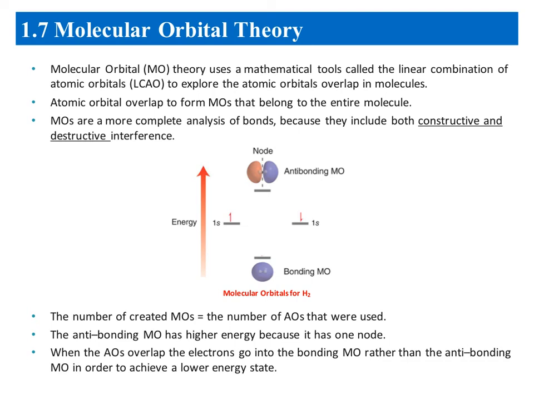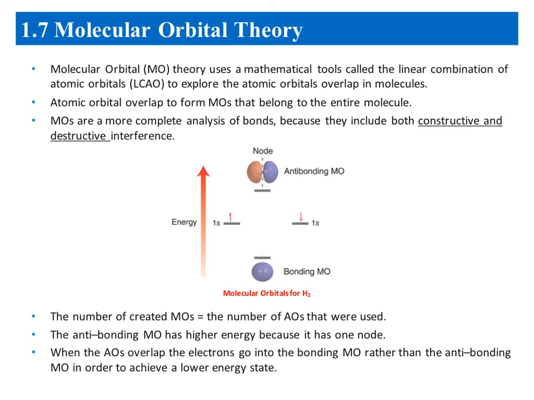We are not going to learn about the math in this course. It's beyond the concept of this course. And also I don't want you to learn how to draw the MO diagrams for all the molecules. What I want you to know is the concept of MO theory and being able to use it later on in this course. So I'm going to use the hydrogen molecule to describe the MO theory here.